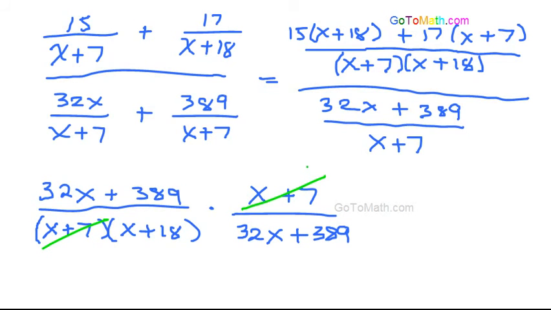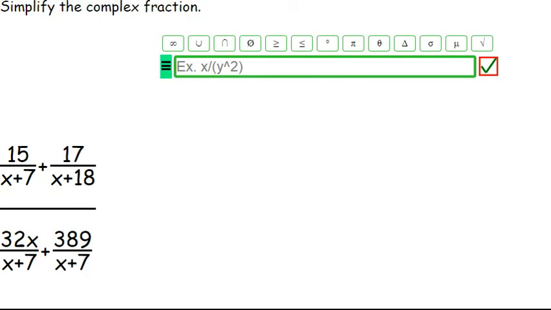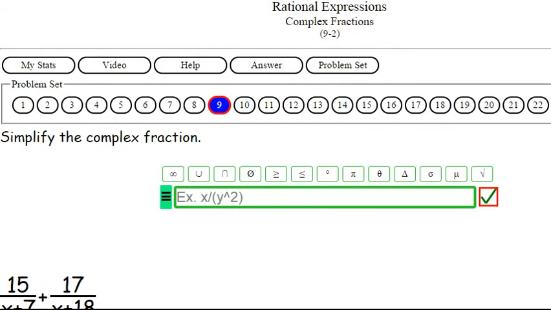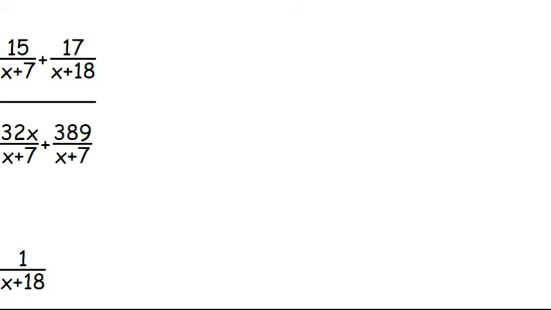So we can cancel that stuff out, and looks like we can cancel that out. Canceling everything out, aren't we? And so we're left with 1 over x plus 18. Okay. Where are we at? Answer: 1 over x plus 18. There we go.